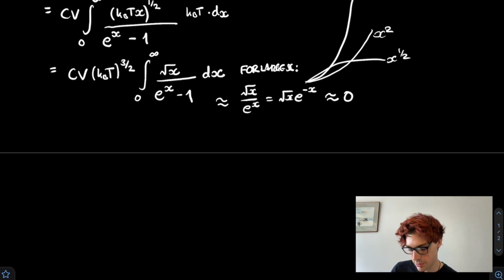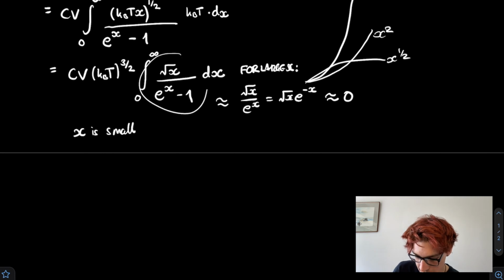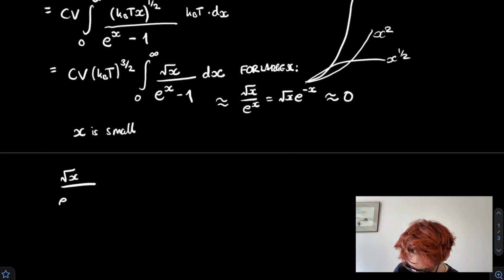What about the other case? What about when x is very close to 0? So as x is small, what happens to this equation right here? You have root x over e to the x minus 1. Well, what we do a lot in maths is that if the argument is small, we can do an expansion. We can use the Taylor expansion just to approximate what it will be like for very small arguments.